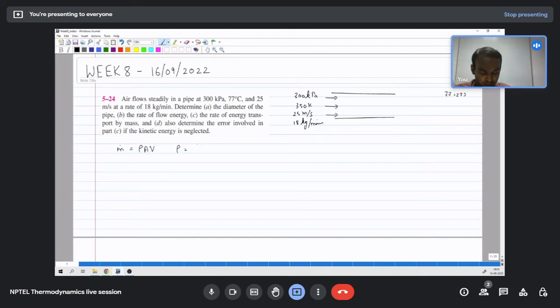So rho can be written as P by RT. Here P is 300 kilopascal, which is 300 into 10 power 3 pascals, and R is 287 for air, and then temperature is 350 Kelvin. So rho can be calculated.